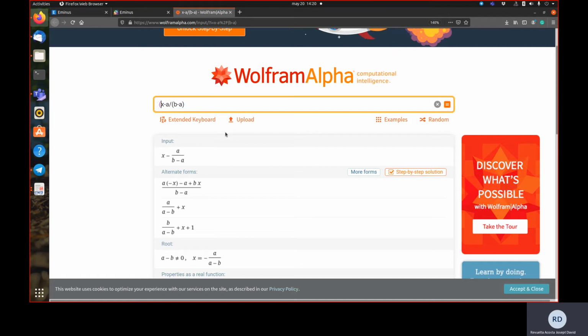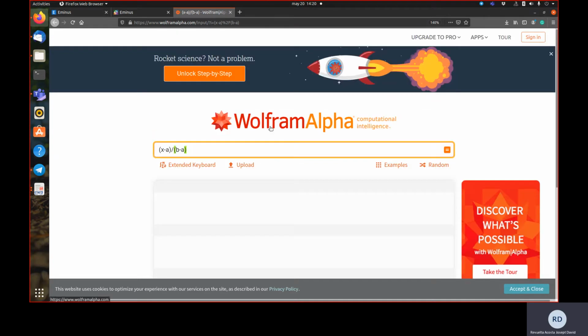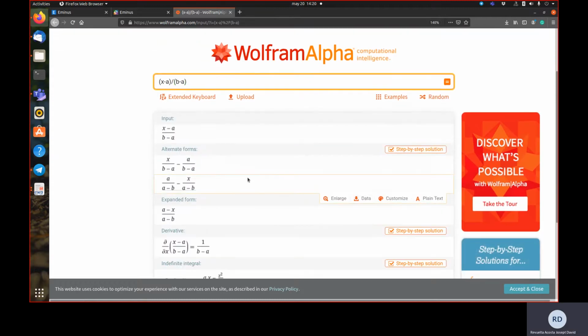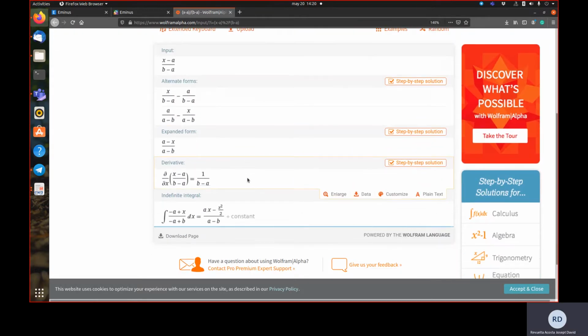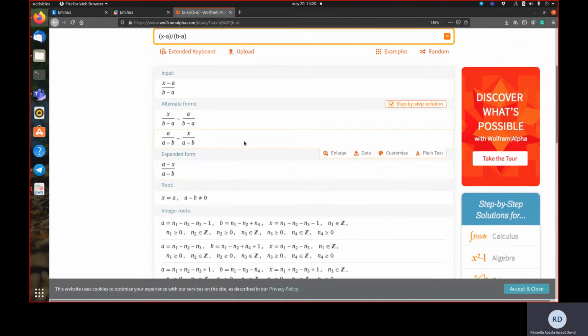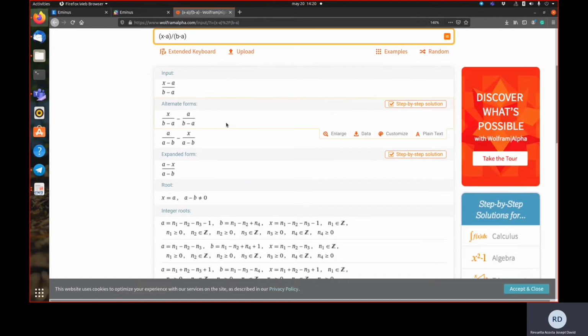But just give me a second. We can develop this formula and see the expanded forms. Hold on, give me a second. I don't know if this is the integral actually.